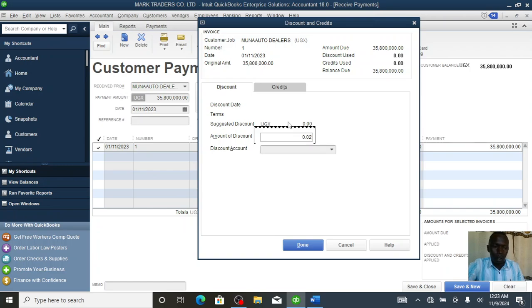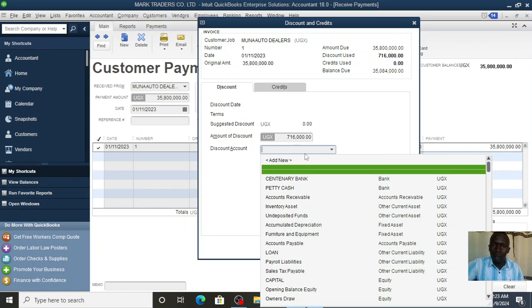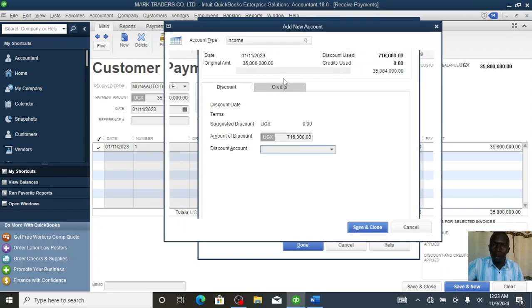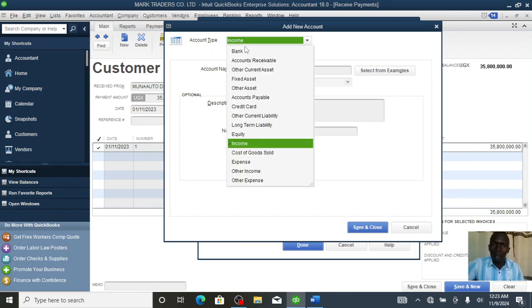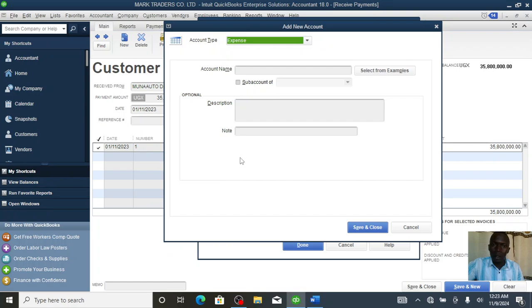So we multiply it by the amount, which is 35,800,000. Then enter. So the discount account, we shall create it, adding new. The account type is an expense, and the name is discount allowed.